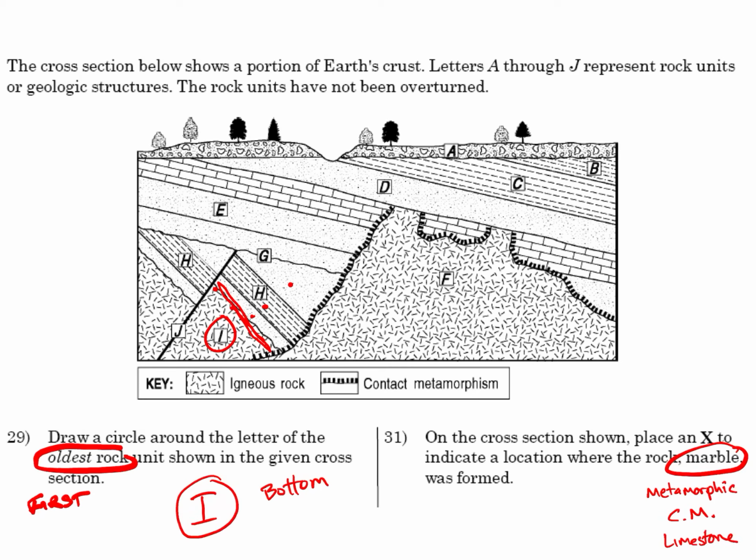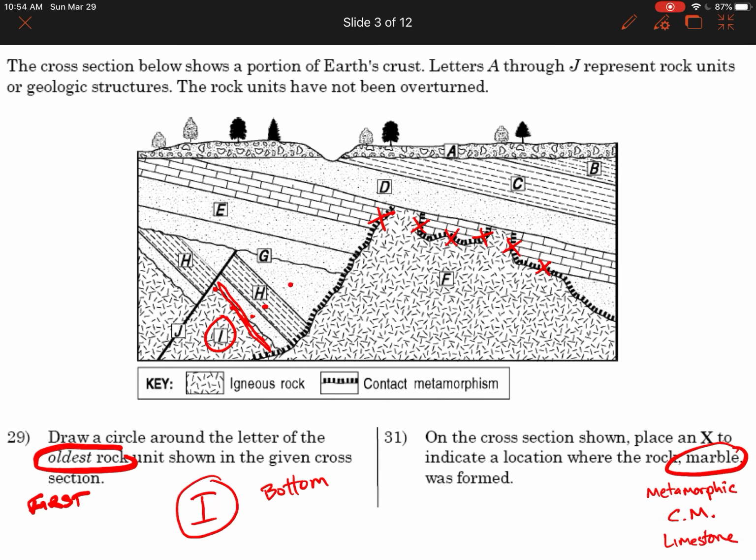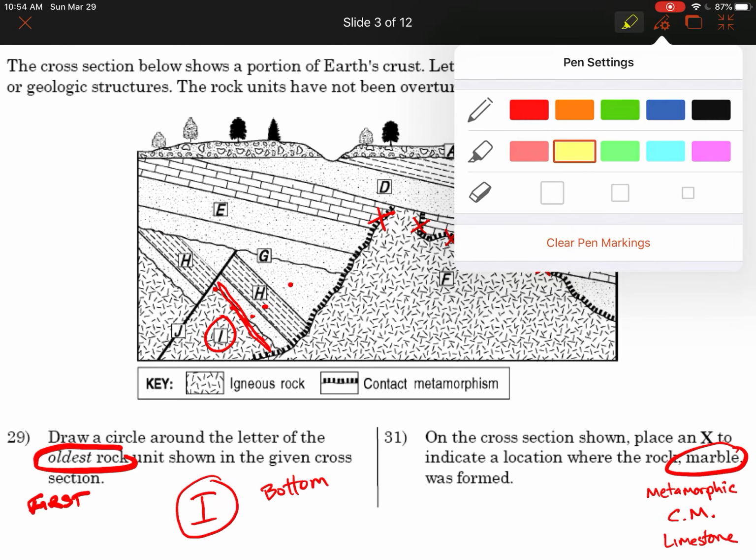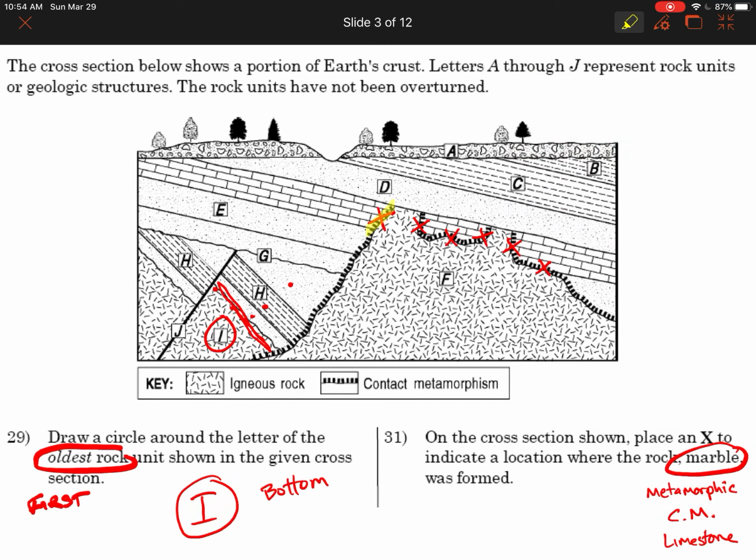So you're going to look for all the locations where a limestone is touching the contact metamorphism. You could have put your answer here, here, here, here. Any of those would have been fine. Basically, anywhere there is contact between the limestone and that magma would have been acceptable.